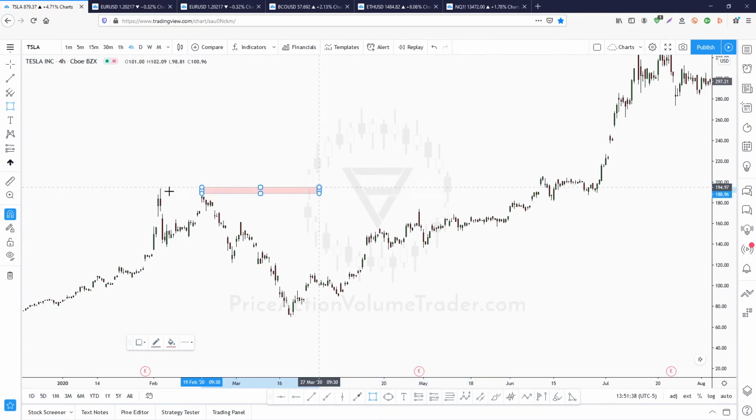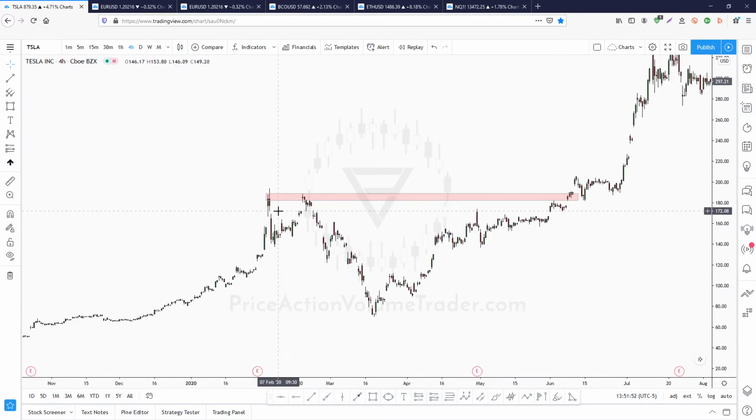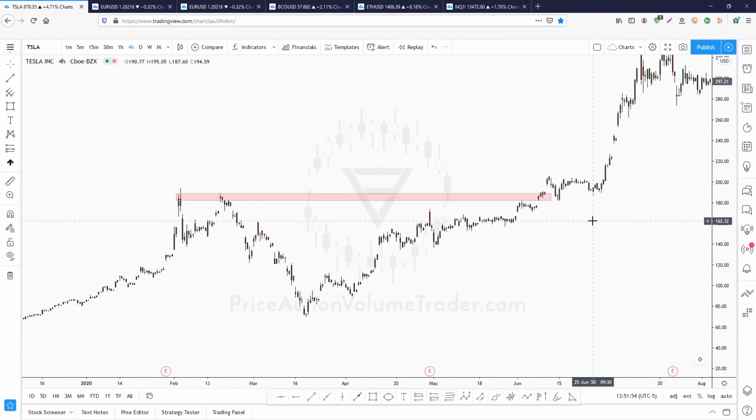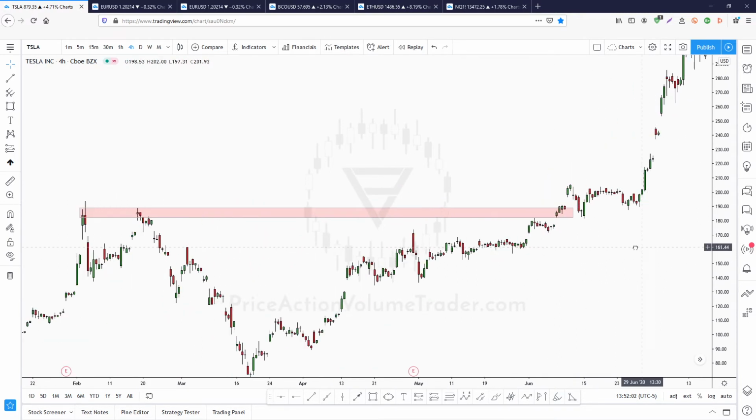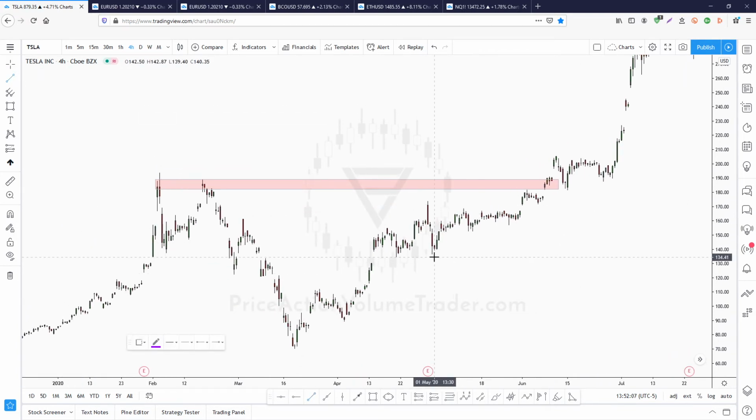We can see how we had an area of resistance here, 1, 2, 3 times rejected. Now we come into it, we have a gap up, which is a very bullish sign. And what else can we see? Purely from a market structure perspective, price is clearly making higher lows.